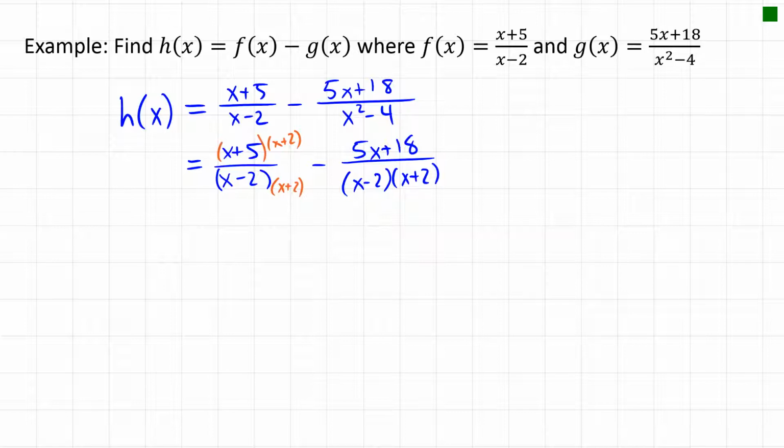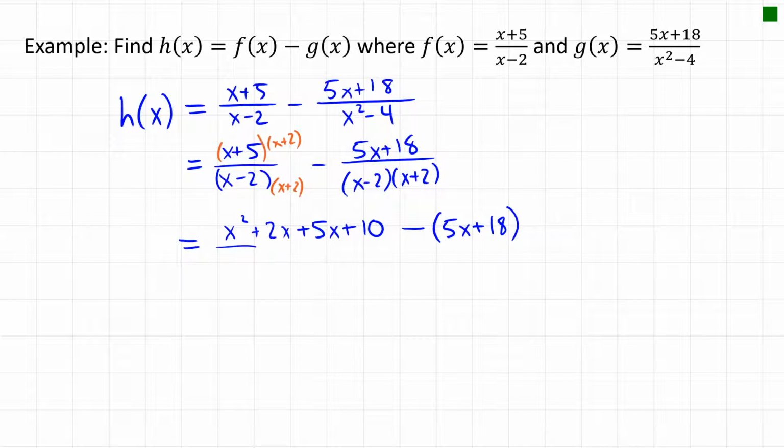So I actually have to FOIL these binomials in the first fraction, x plus 5 times x minus 2. So that would be x squared plus 2x plus 5x using FOIL plus 10. And then subtract 5x plus 18 from the numerator of the second fraction.